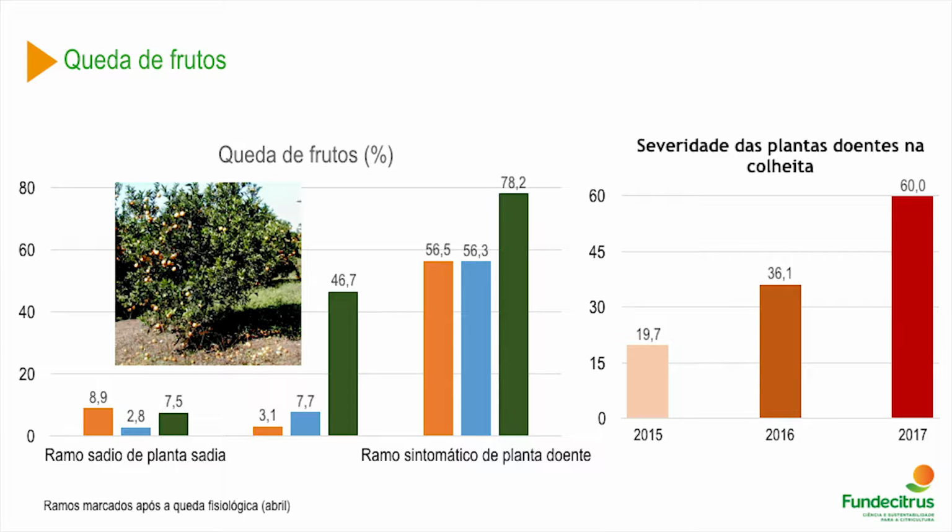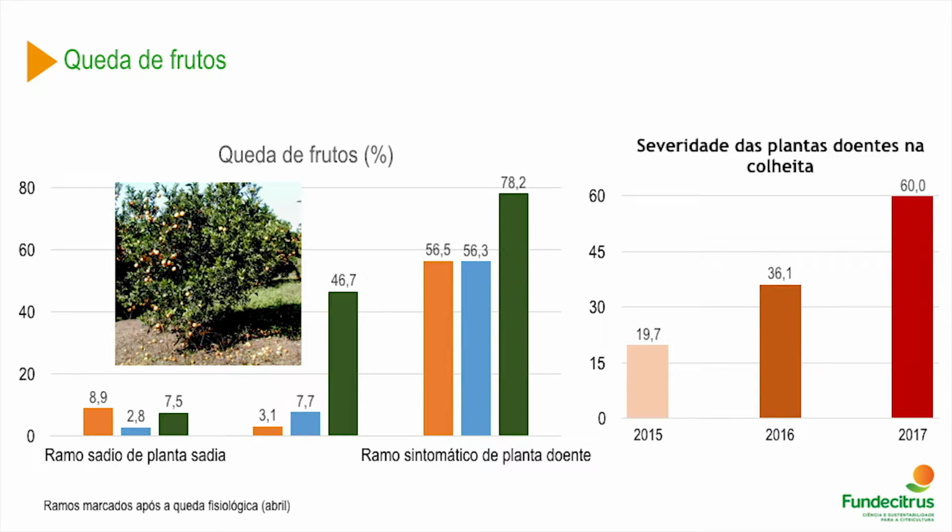And in symptomatic branches, this drop varies from 60 to 80%. So as the plant gets more diseased, fruit drop increases, both for branches that are symptomatic, but also for branches that are asymptomatic.